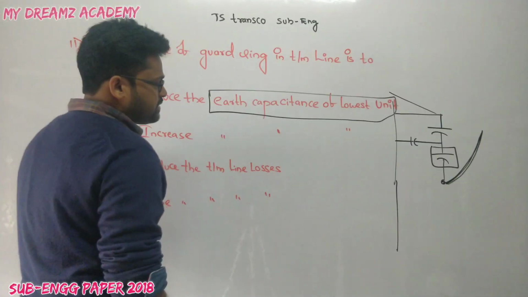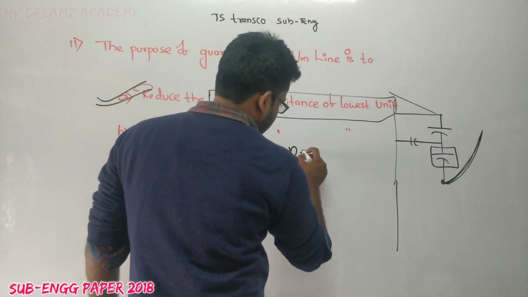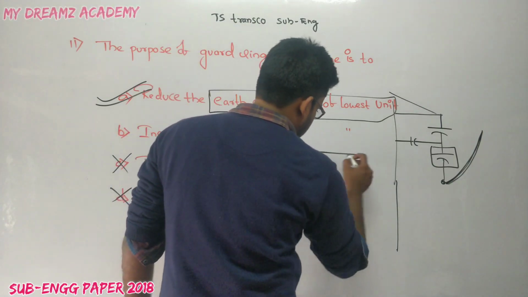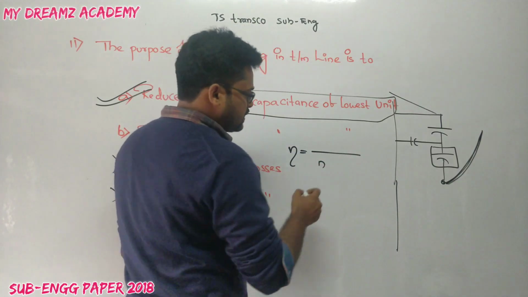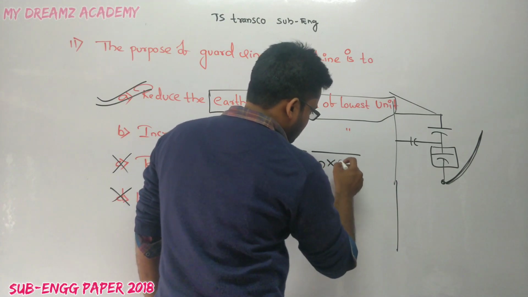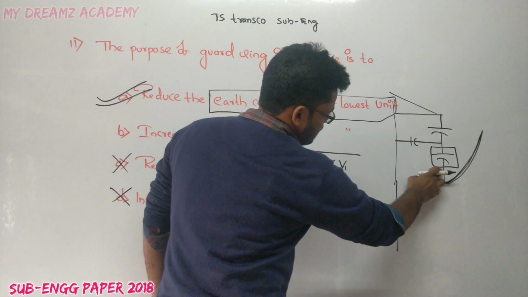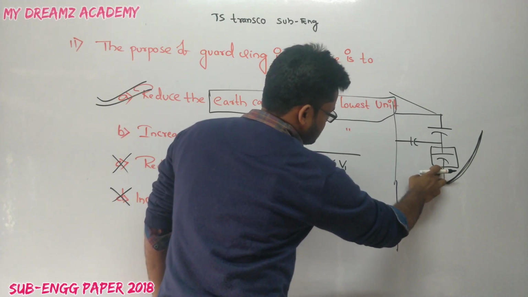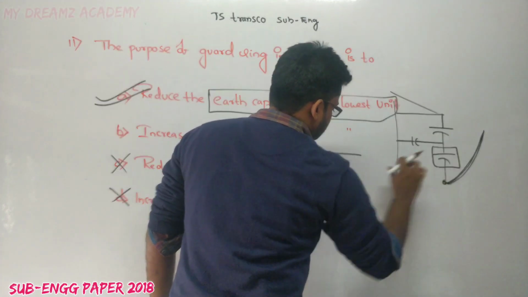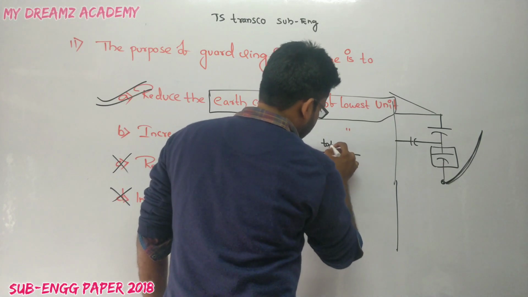The string efficiency formula is, n is the number of conductors, and V is the voltage across the lowest unit, and the total voltage.